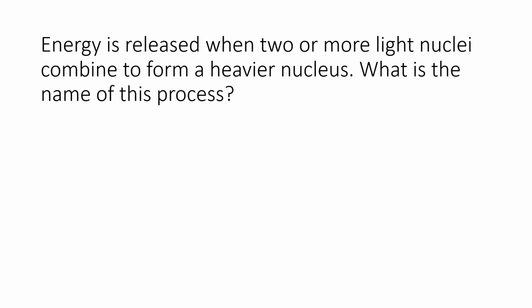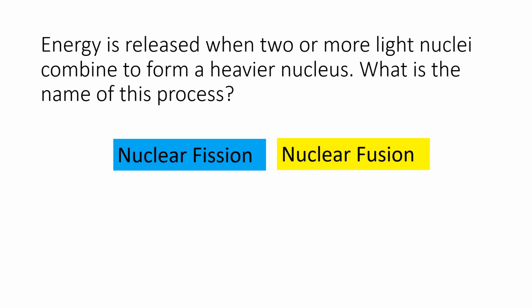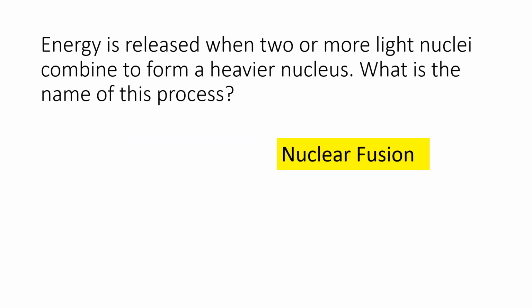Okay, let's take a look at this statement. Energy is released when two or more lighter nuclei combine to form a heavier nucleus. So what is the name of this process? Is it nuclear fission or nuclear fusion? It goes from light to heavy, so the answer is nuclear fusion.